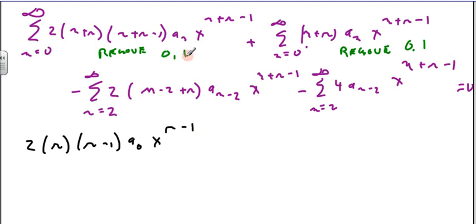I'm going to remove the first term, the 1 term, plus 2(r plus 1)r, because the 1 minus 1 goes away, a1 x to the n.